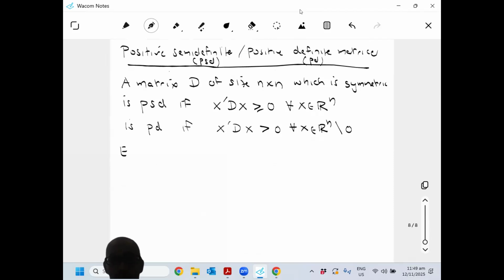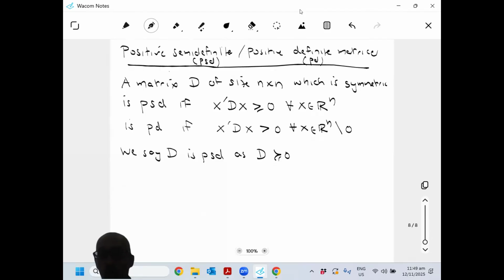So we say D is positive semi-definite. There's a notation for this: D with a curved form of the greater-than-or-equal sign, a tilde-like symbol.